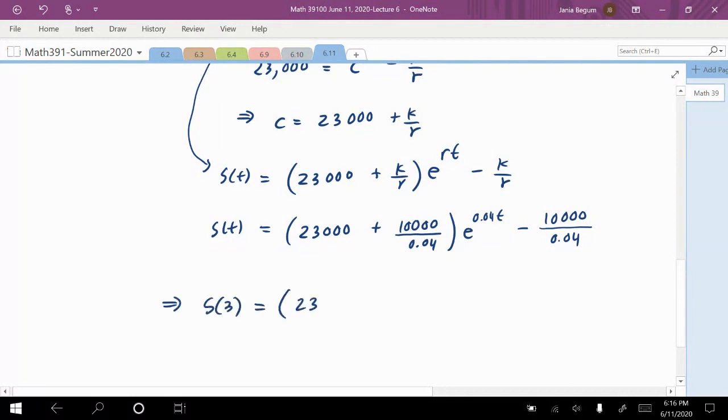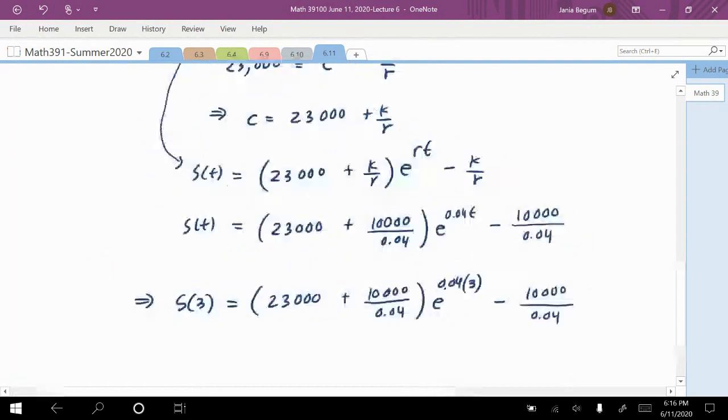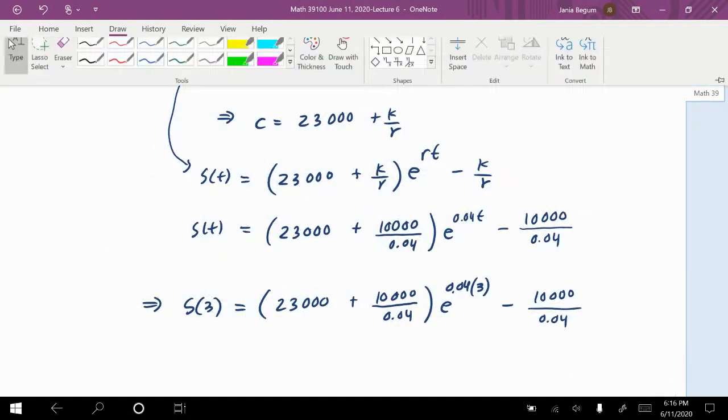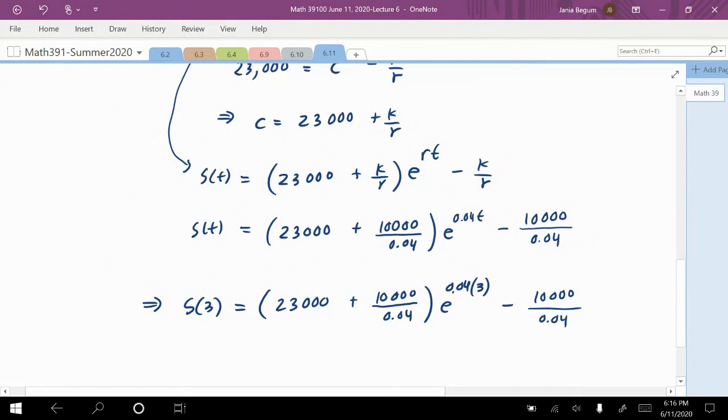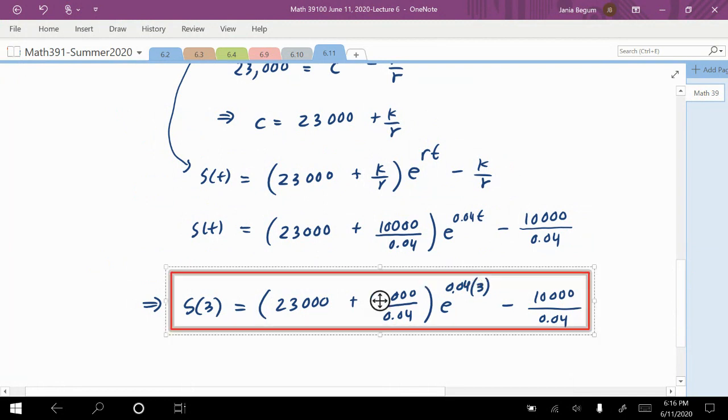That will give us 23,000 plus 10,000 over 0.04 e to the 0.04 times 3, minus 10,000 over 0.04. So that will be our amount after 3 years. Whatever that number is, that will be the solution.